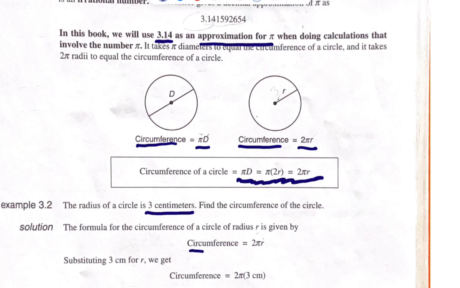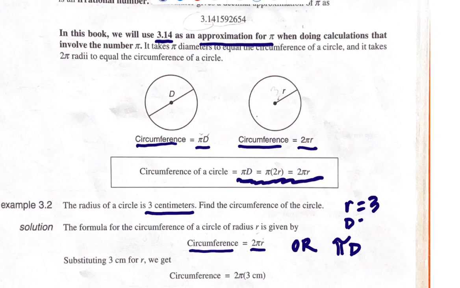Since we know the formula for circumference is equal to 2 times pi times r, alternatively, we can say it's equal to pi times the diameter. So what we're going to do here is write down the values that we know to find our circumference. We know that the radius is equal to 3.